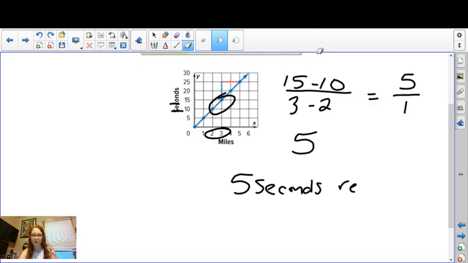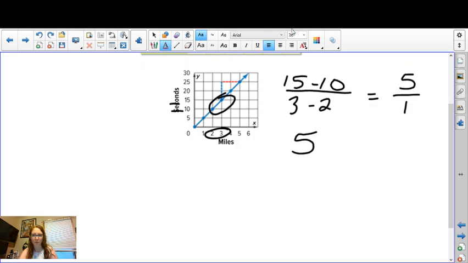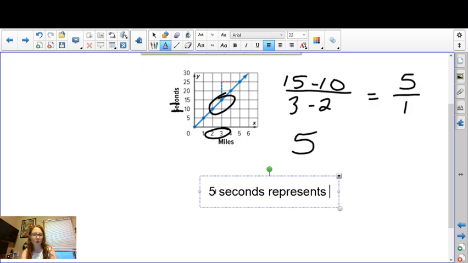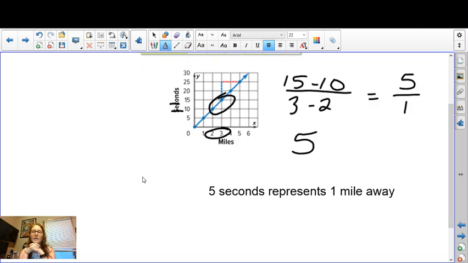I'm going to type this one, gentlemen, because my handwriting is not really working out this morning. 5 seconds represents 1 mile away. So if I hear a storm, if I hear the thunder, 5 seconds, that means the storm is 1 mile away.